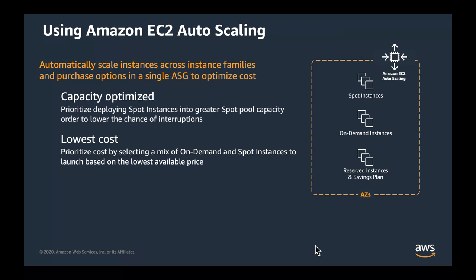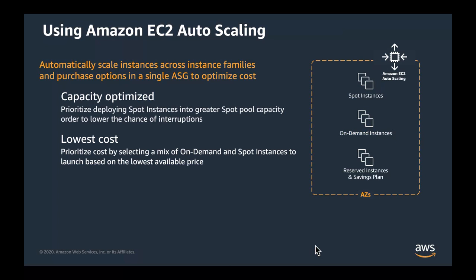So when you want to provision Spot capacity, you need to take care of a few things. First is the algorithm of Spot. What kind of algorithm do you want to launch with? We have 2 algorithms for Spot: one is called capacity optimized, one is called lowest cost.